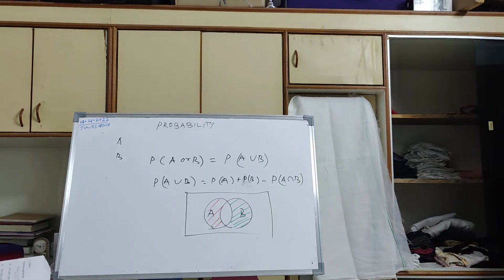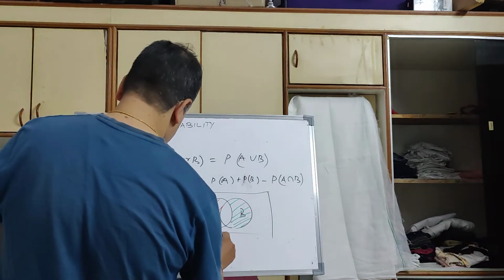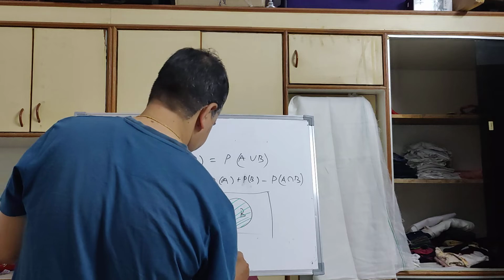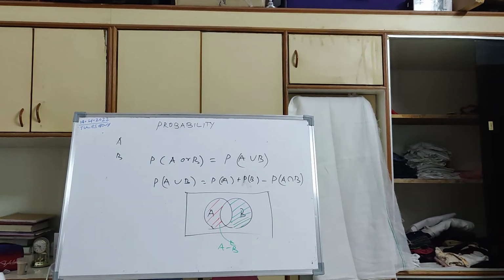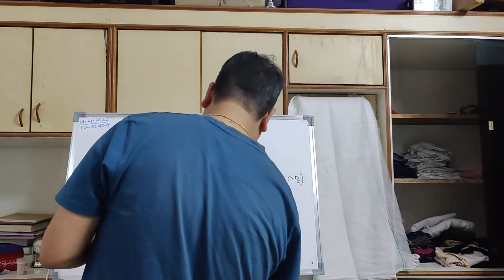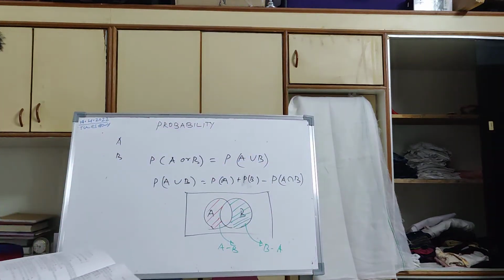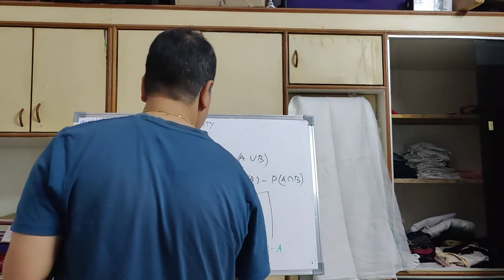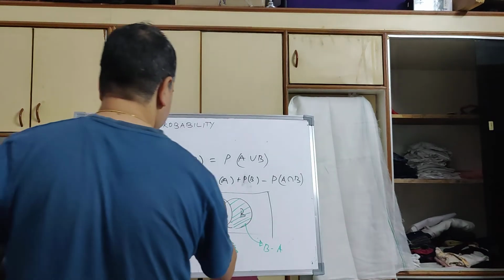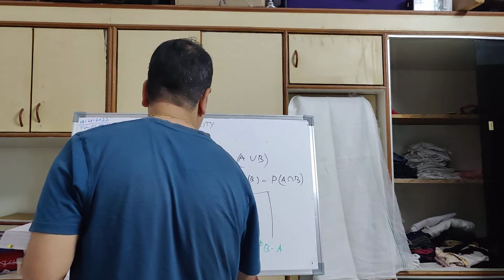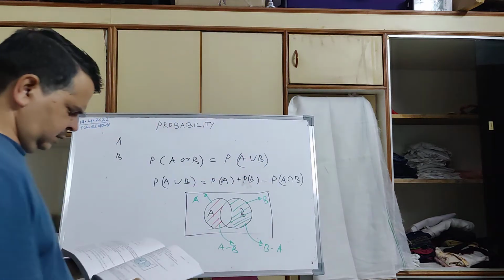This red part is nothing but A minus B, and this green part is nothing but B minus A. The total circle here is A, and the total circle here is B.